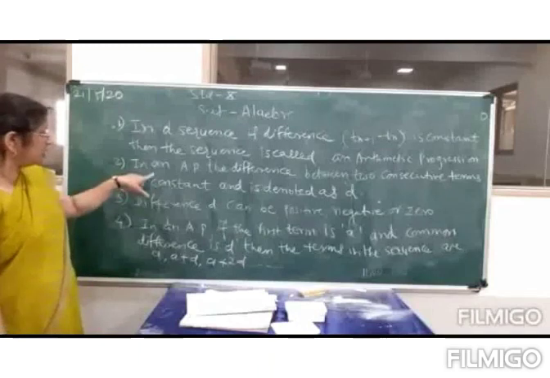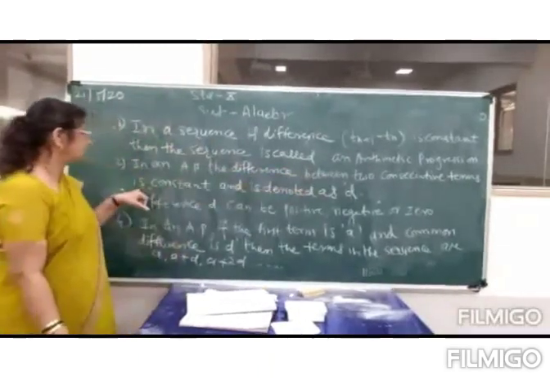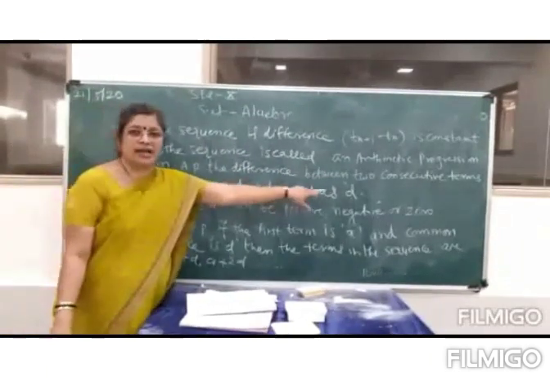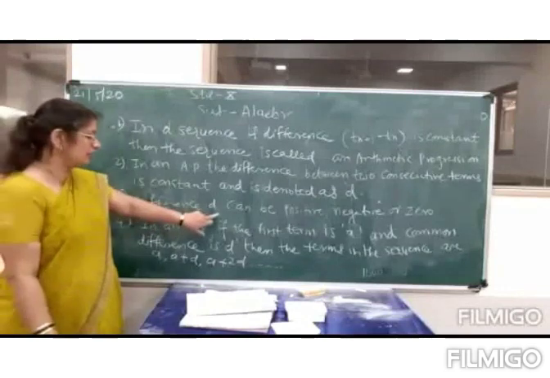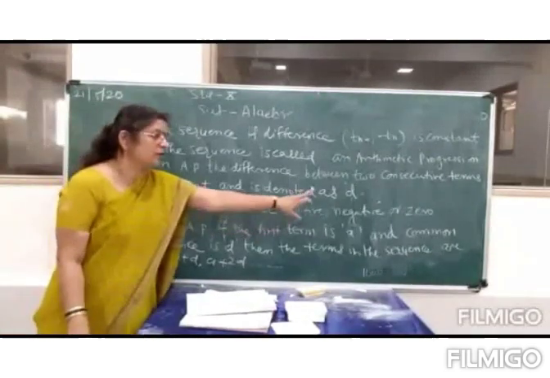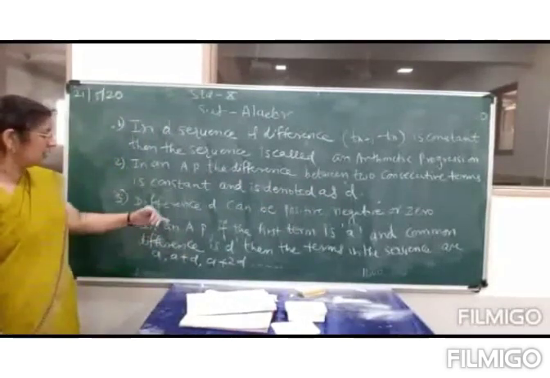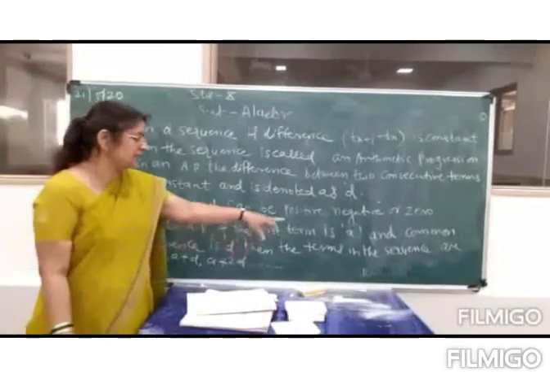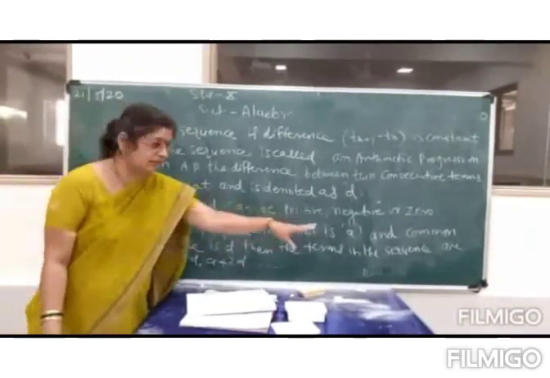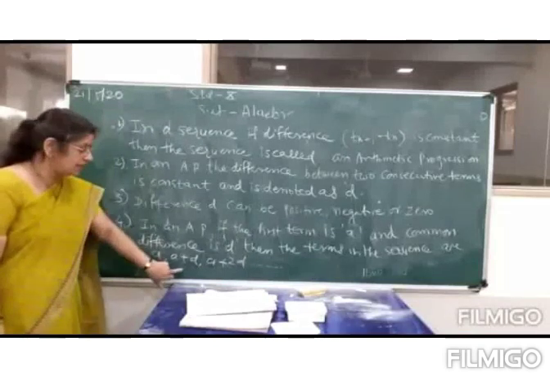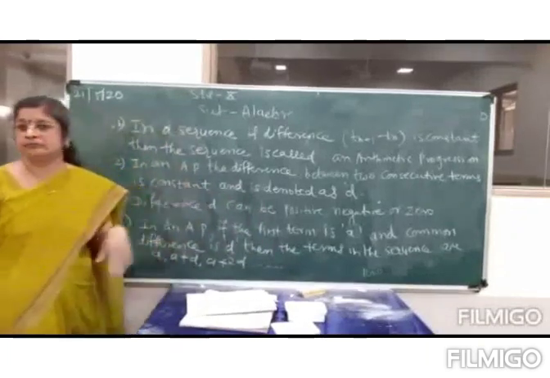Second, in an AP, the difference between the two consecutive terms is constant and is denoted as D. Third point, difference D, that means common difference, can be positive, negative or 0. And the fourth point is, in an AP, if the first term is A and the common difference is D, then the terms in the sequence are A plus D, A plus 2D, A plus 3D, like that.